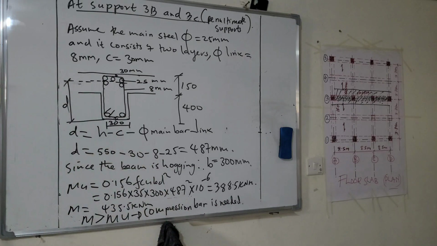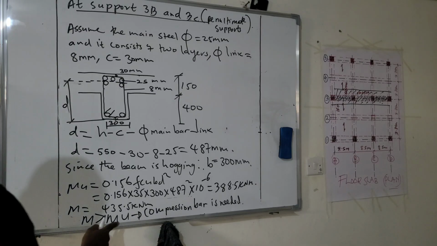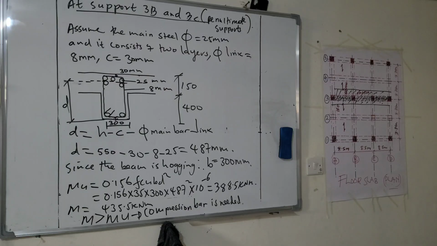So for this one, we'll design for both tension and compression, because M is greater than Mu.